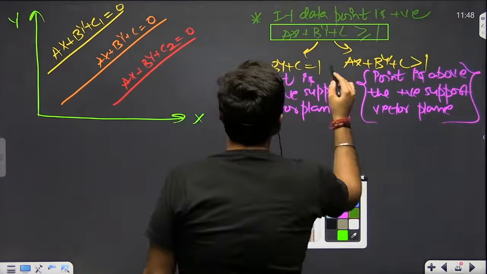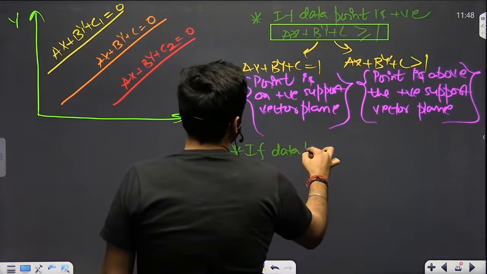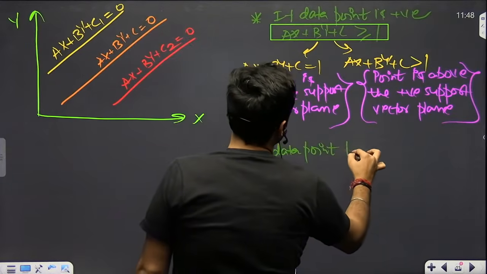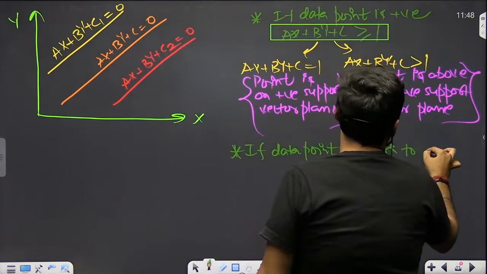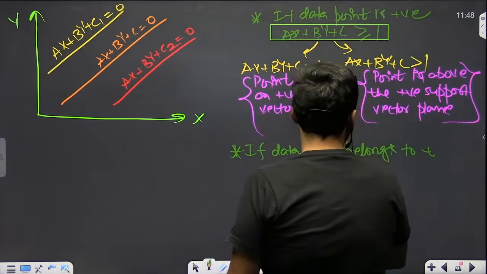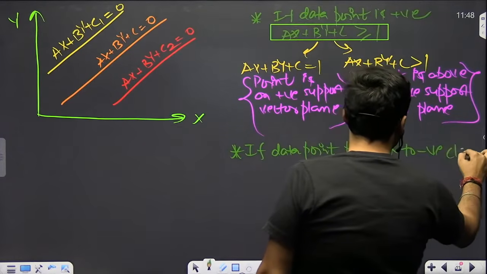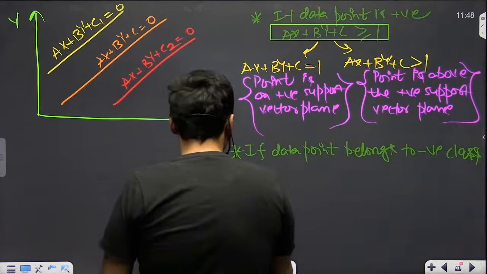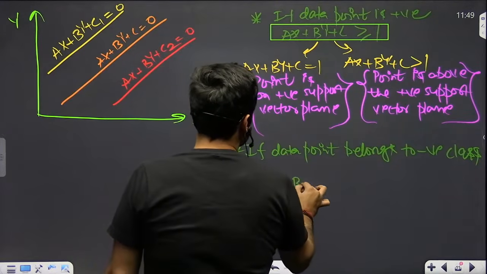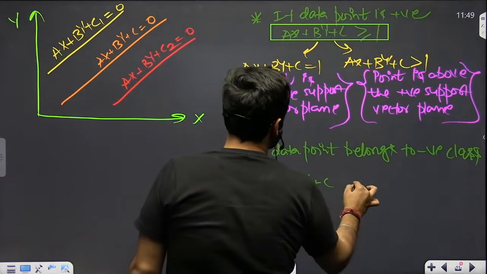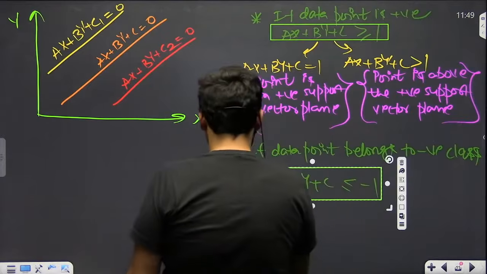Next, if the data point belongs to the negative class, then ax plus by plus c would be less than or equal to minus 1.